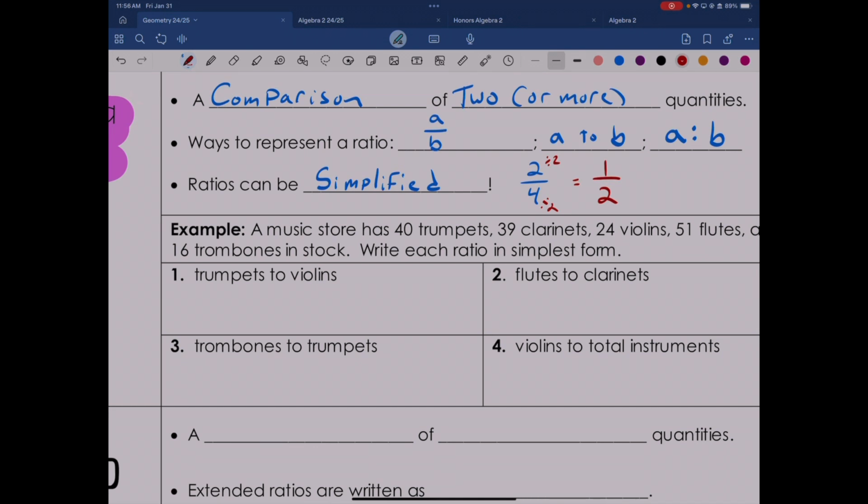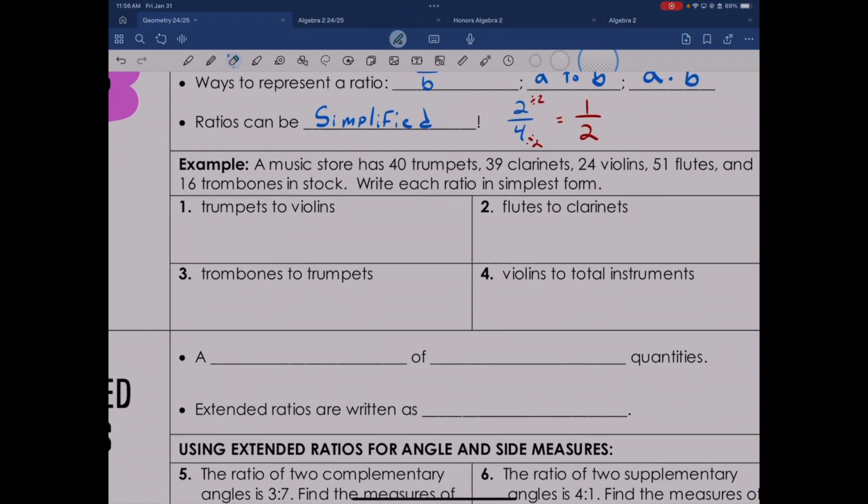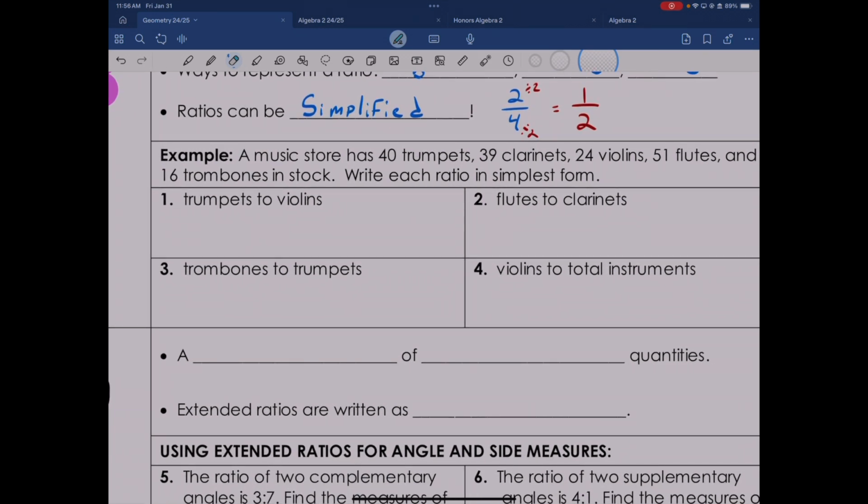So let's look at a couple of examples where we're just going to write ratios. It says a music store has 40 trumpets, 39 clarinets, 24 violins, 51 flutes, and 16 trombones in stock. We're going to write the ratio of each of those examples in simplest form.